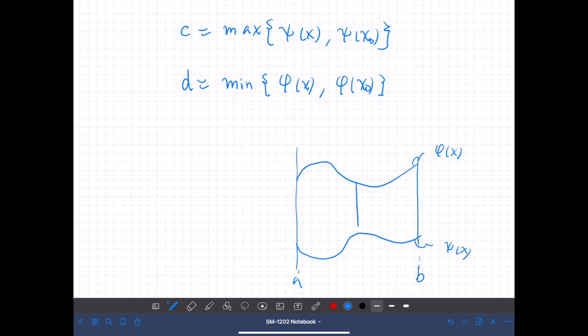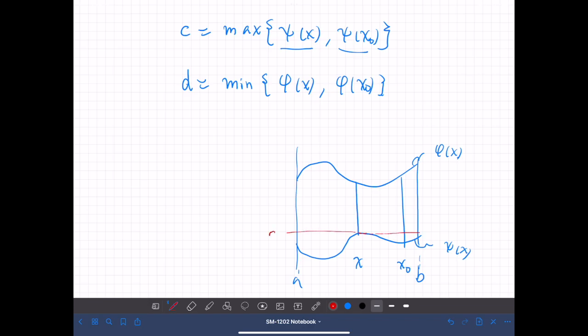Let's say this is x and this is x0, for example. So c is the maximum of either this or this. In this particular example, c will be this value.